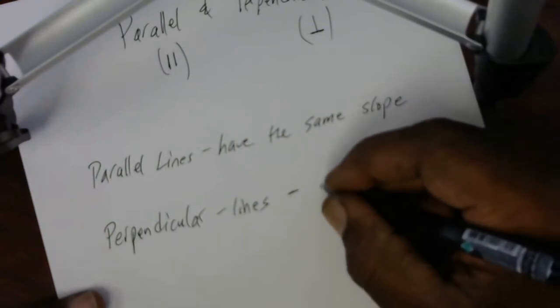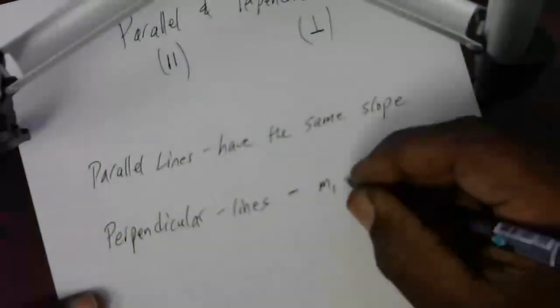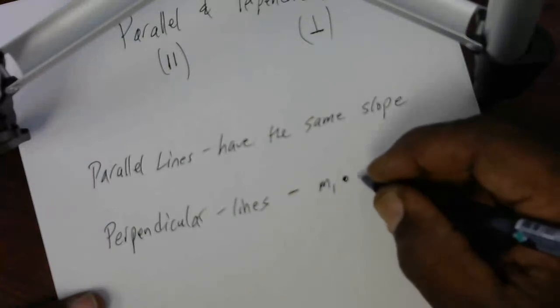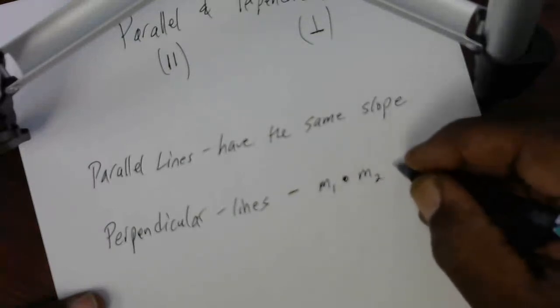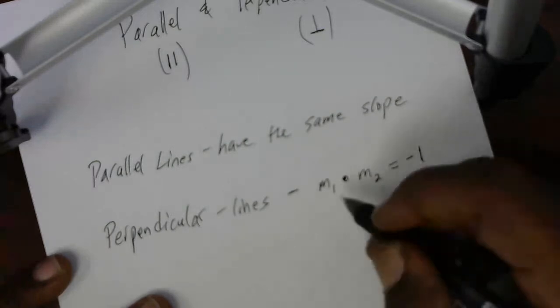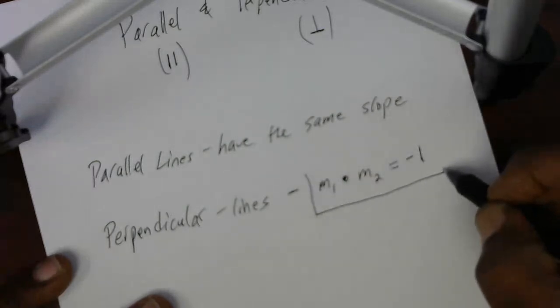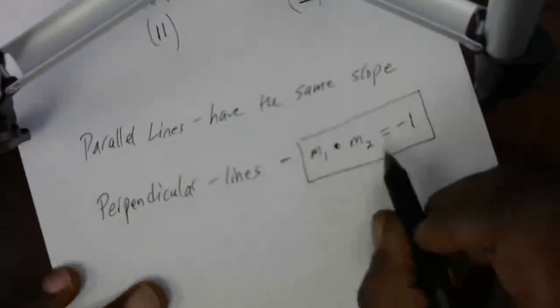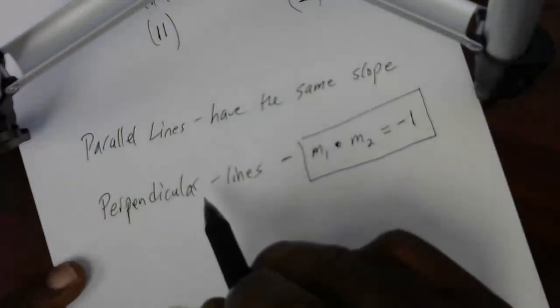There's a formula for perpendicular lines. It says that m sub 1 times m sub 2 is equal to -1. So I like to write this out in words.